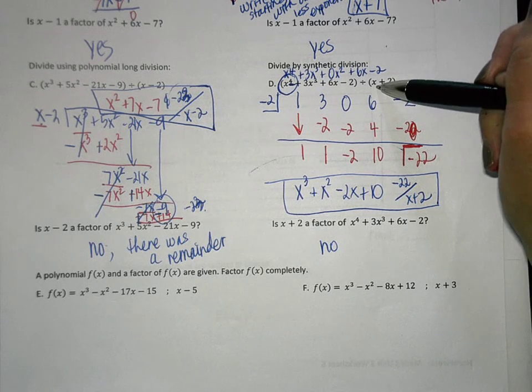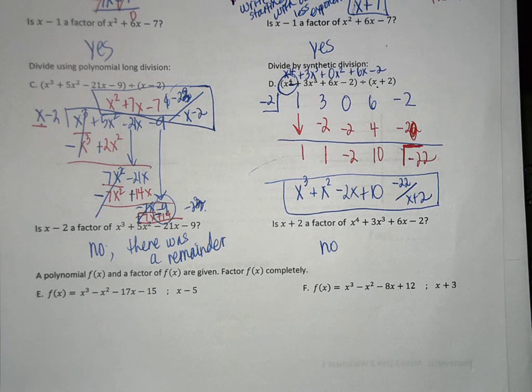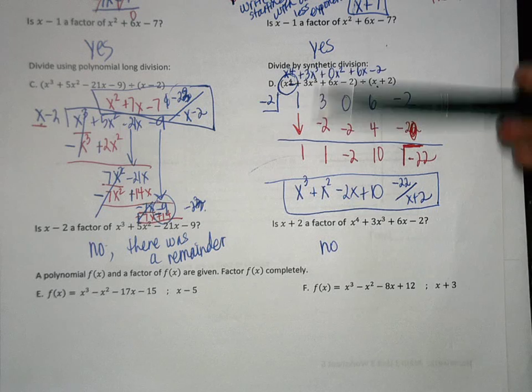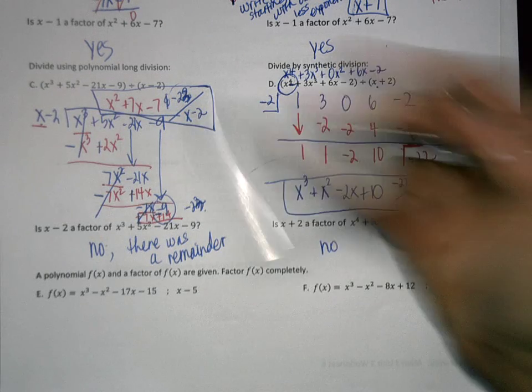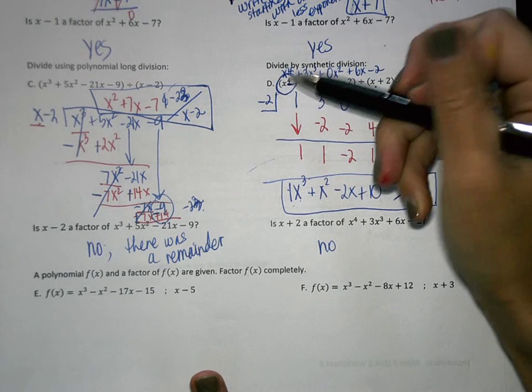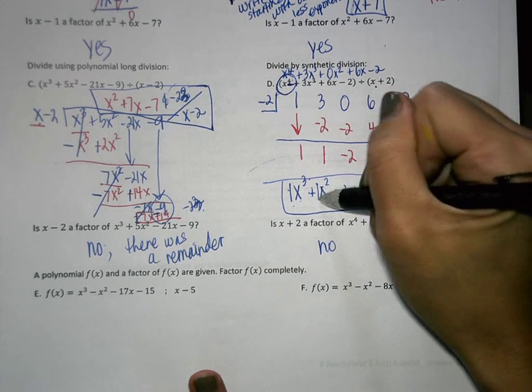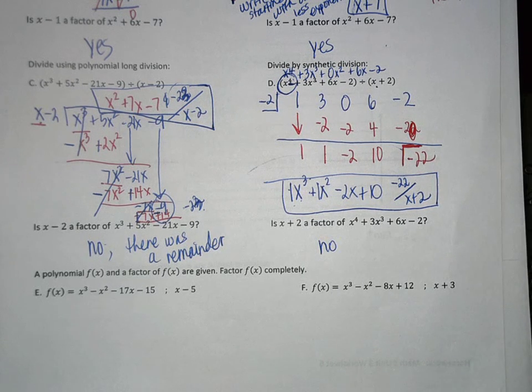So that means each of these x's will go down by 1. And so you get x to the, so whatever this number is, that number is actually in front. So it's going to be 1x to the 3rd since it was originally x to the 4th. And then this one is 1x squared. You go down with each term. And then -2x and plus 10. Is that better? Yeah. Okay.